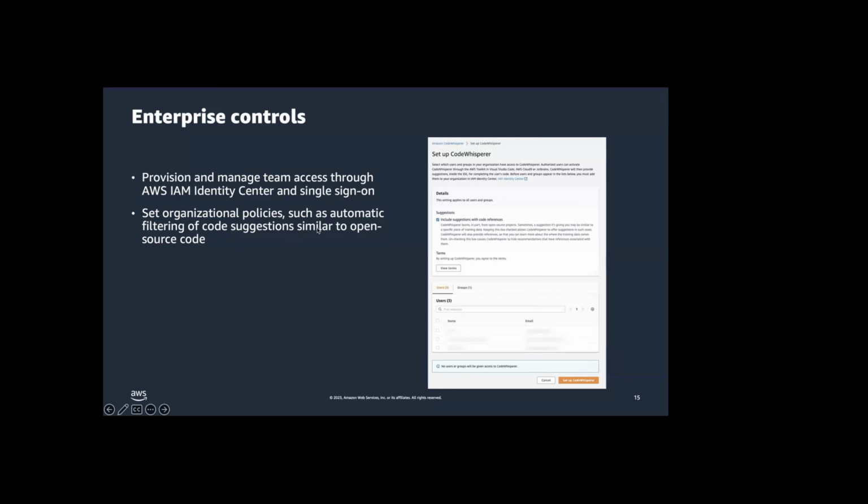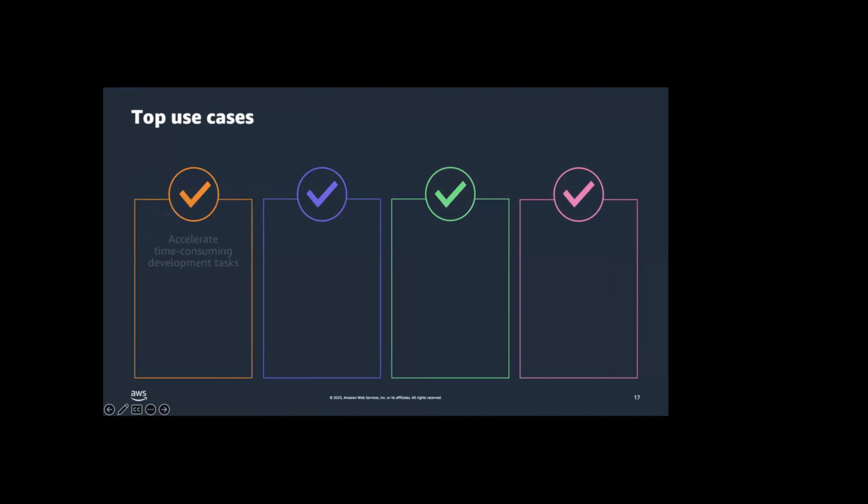I still haven't gotten a perfect answer since this is such a new service, but I think that's true. Anyway, the enterprise license gives you the single sign-on, organizational policies and organizational control, and it also allows you to control the permissions and things like that through IAM. So that's handy.